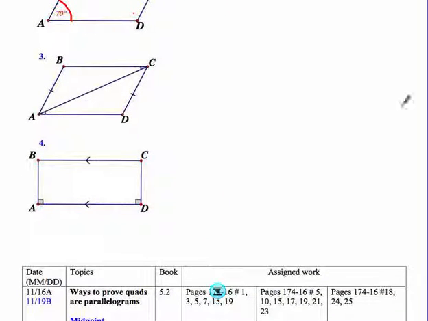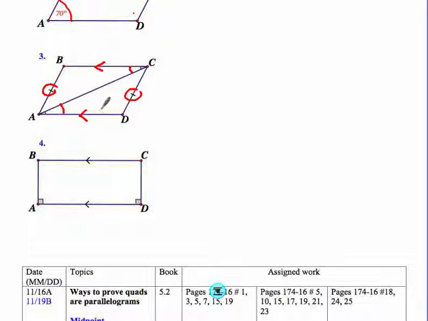Alright, if we go on to example 3, we have one pair of opposite sides marked as congruent. We have one pair of angles marked as congruent. These congruent angles also allow us to conclude that BC and AD are parallel to each other.